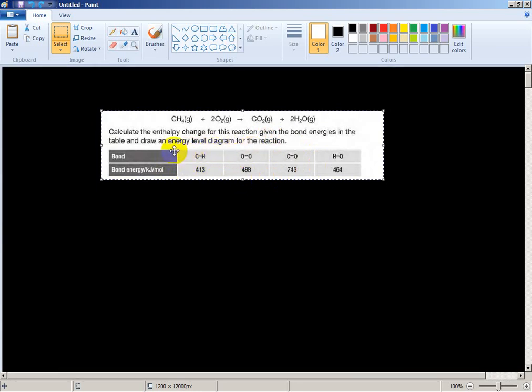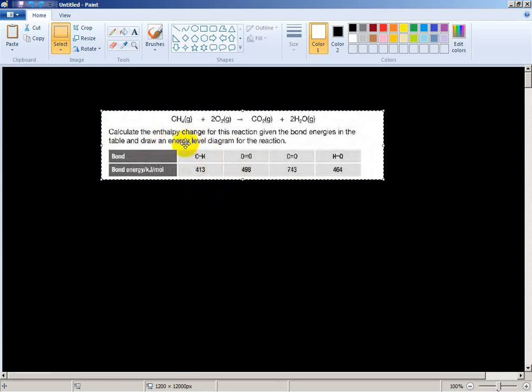For the energy level diagram, we need to know whether the reaction is exothermic or endothermic. When we find the enthalpy change, if it is negative, we understand it is an exothermic reaction, and if positive, an endothermic reaction. Delta H is the enthalpy change.